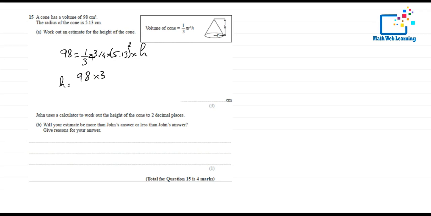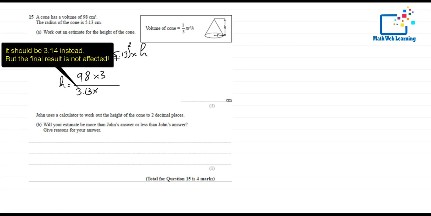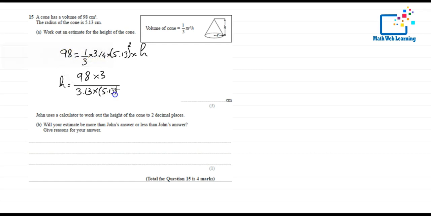And then because we've got multiply here, we do the inverse for those two operations, and that inverse will be divide. That's why we use a fraction here. So we're going to divide by 3.14, and then times 5.13 squared. As you can see, so far I haven't estimated anything, I'm just writing down the numbers.